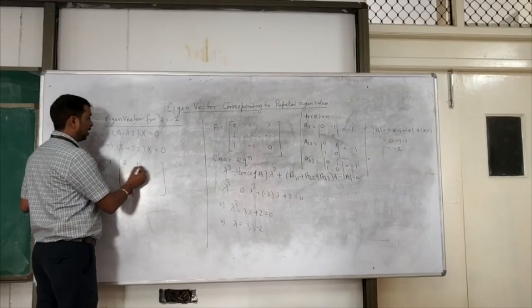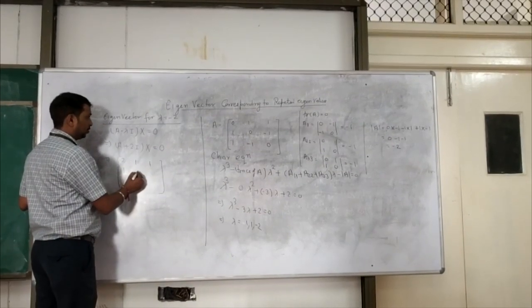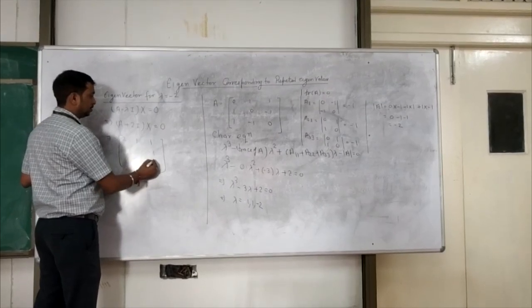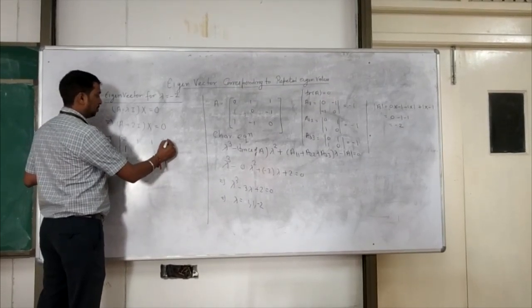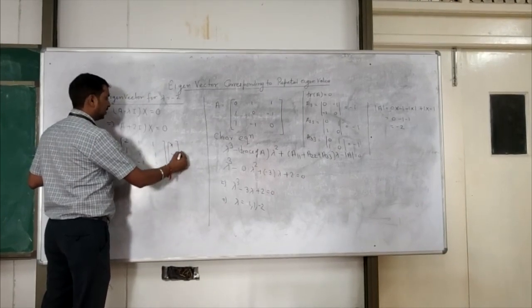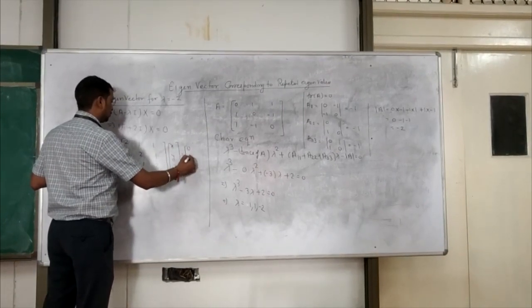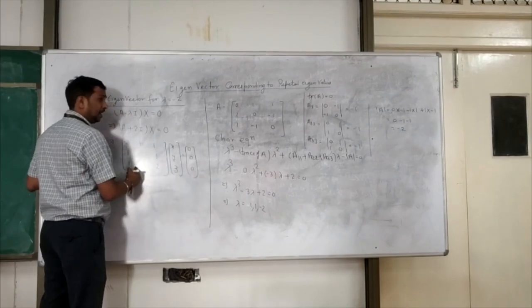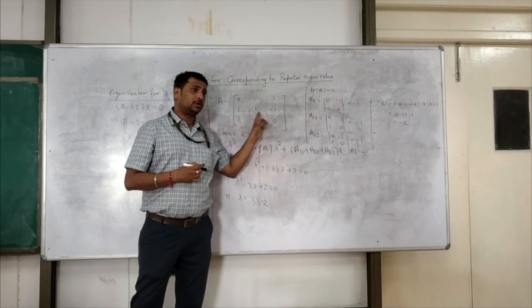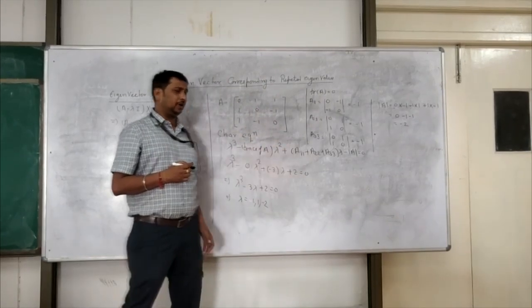2, 1, 1, 1, multiplied with x, y, z is equal to 0. Very simple, just subtract lambda from the diagonal, put the value.